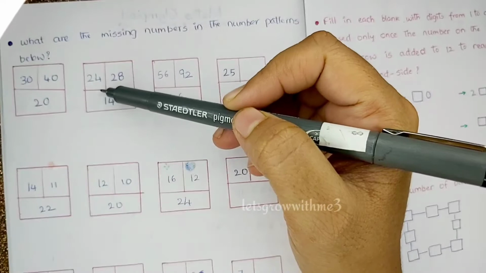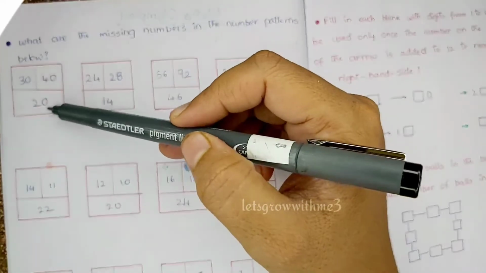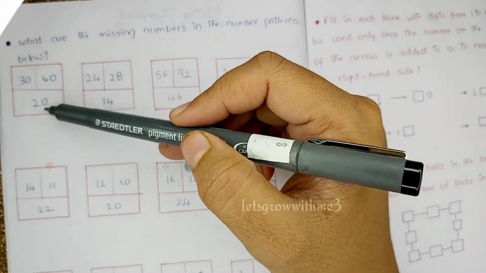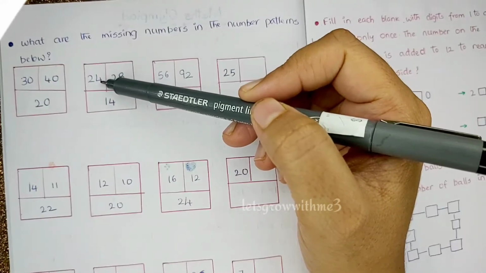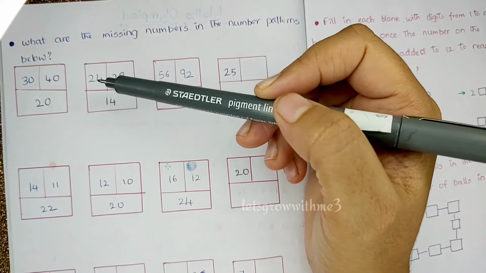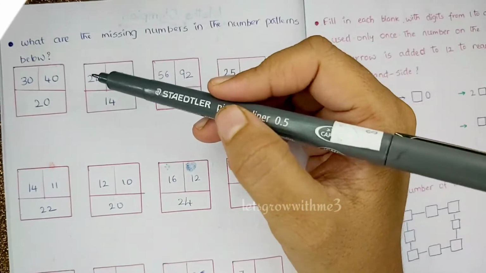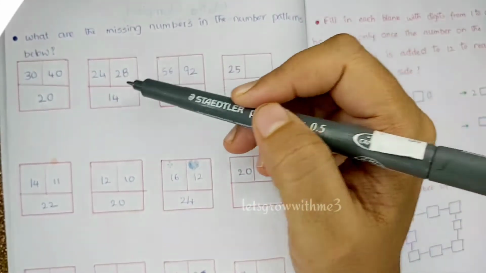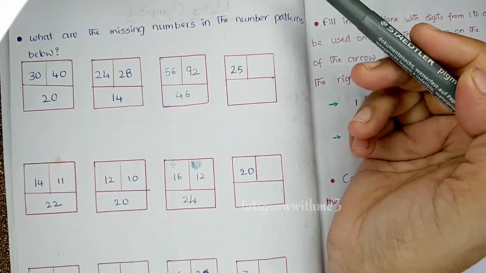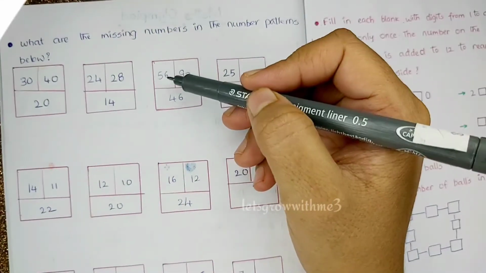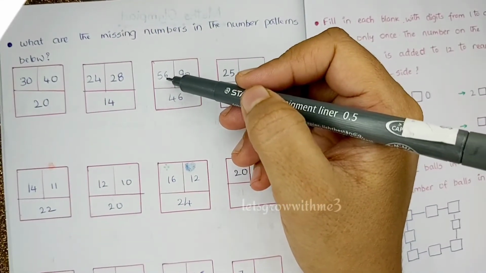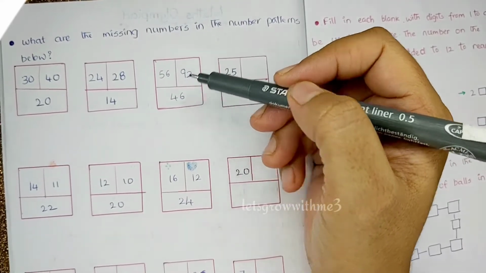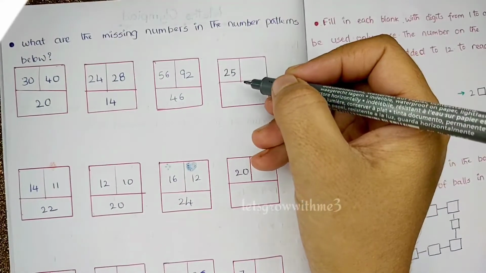I don't know whether it is correct or not, because I'll confirm only once I check with all the boxes. Sometimes whatever we estimated earlier might be wrong. Next, 56 minus 10, which is 46. Whatever we were thinking earlier is correct.